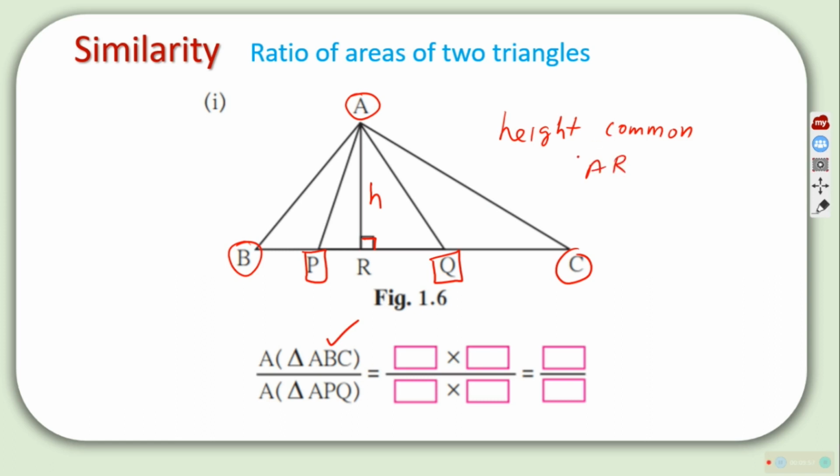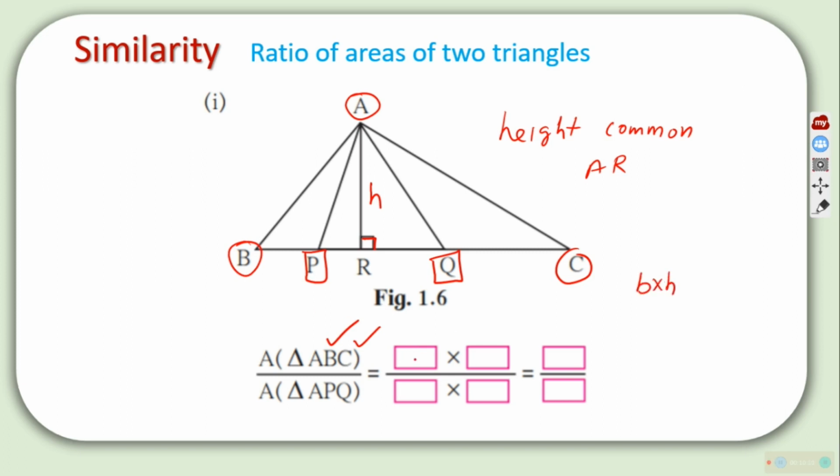So suppose I am trying to write the area of triangle, first one ABC, base into height I have to write, right? Base into height.